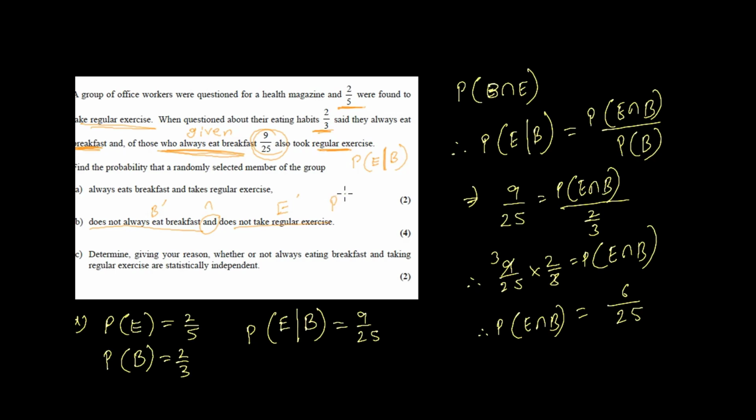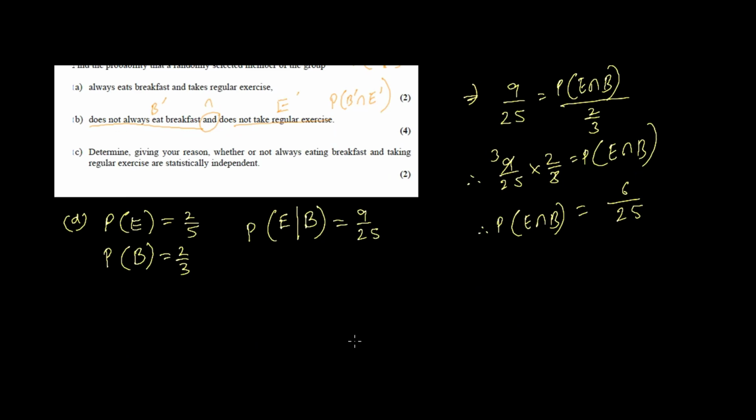So that means probability of B prime intersection E prime. That's what it means. In order to do this sum, let me write out the probability of B prime intersection E prime.